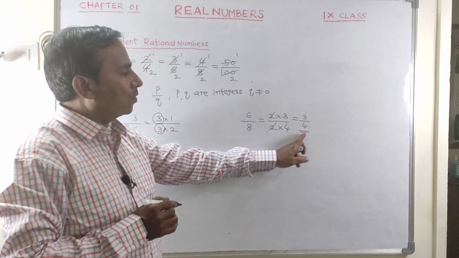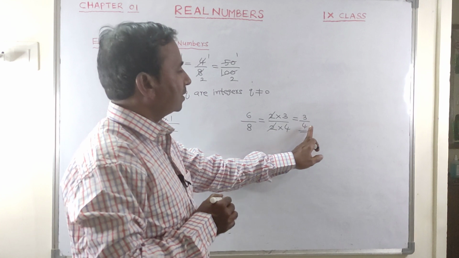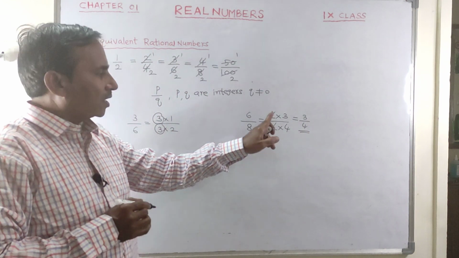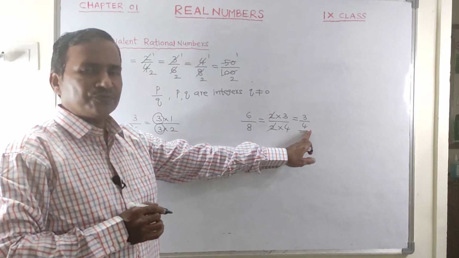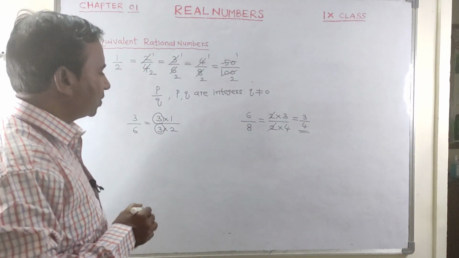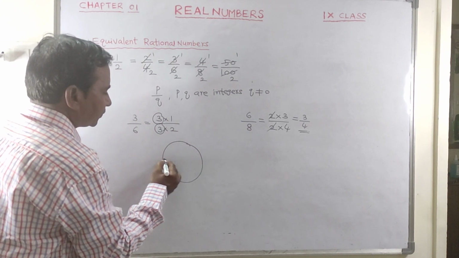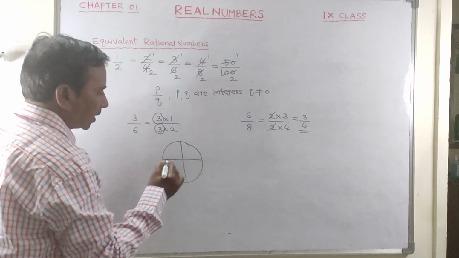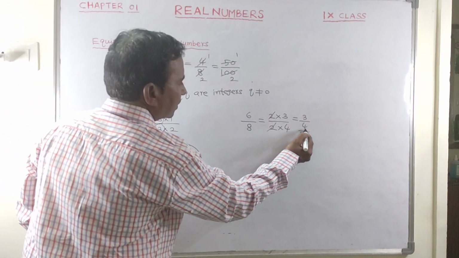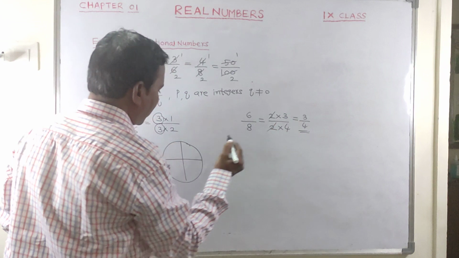Here we have only the universal factor 1 for both numerator and denominator. Okay, then only such a form we can represent on the number line. How can you represent this 3 by 4 pictorially? You know it very well. Actually 4 parts are there. Out of 4 parts we are taking 3 parts.